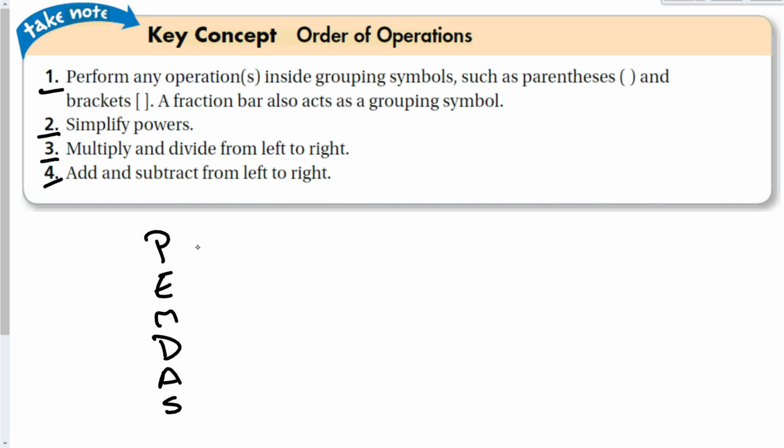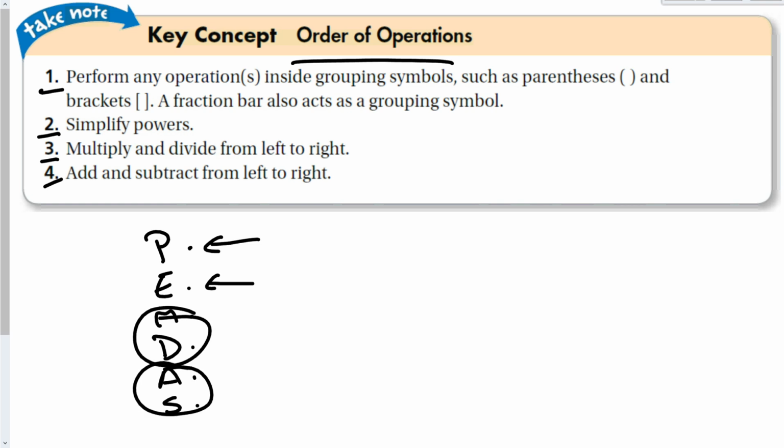So these mean parentheses, exponents, multiplication, division, addition, subtraction, the same as we see up here in our order of operations. So parentheses definitely come first, then exponents. However, multiplication and division and addition and subtraction go together. So multiplication is not more important than division, even though it comes first in my acronym.